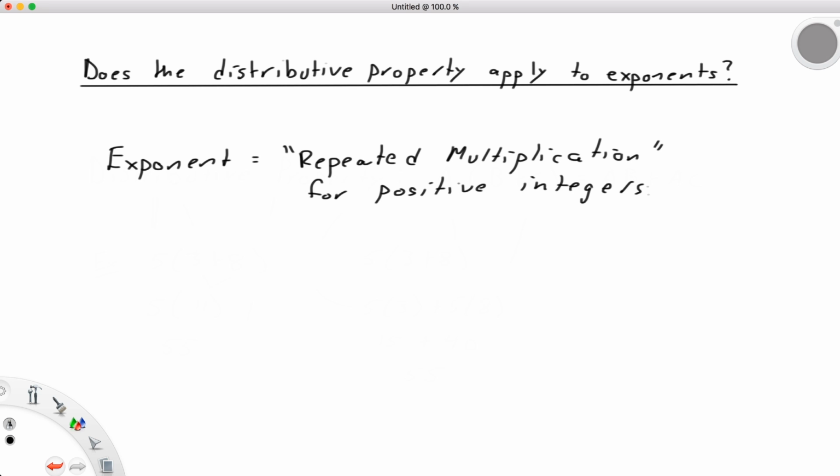I'll note that this is what we'll rely on for the intuition here, just working with positive integers, but this rule and this notation will apply to all real numbers. What we mean when we say repeated multiplication is that 2 squared is equal to 4 because it literally represents 2 times 2. And 5 cubed is equal to 125 because it literally represents 5 times 5 times 5.